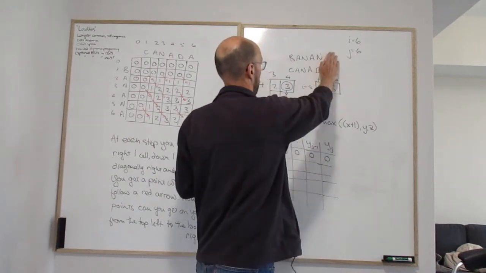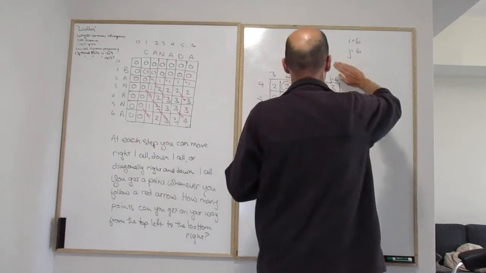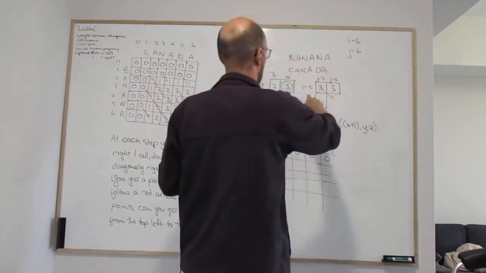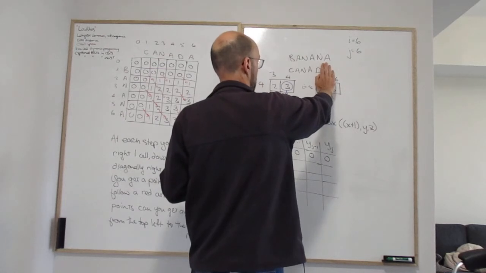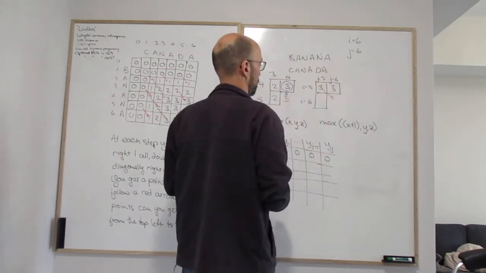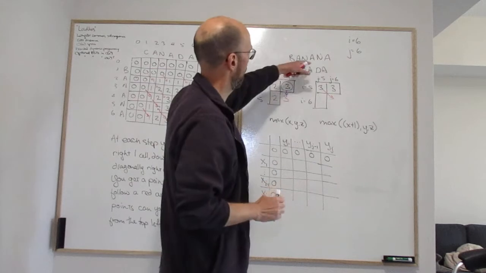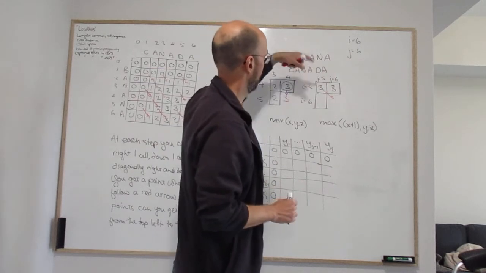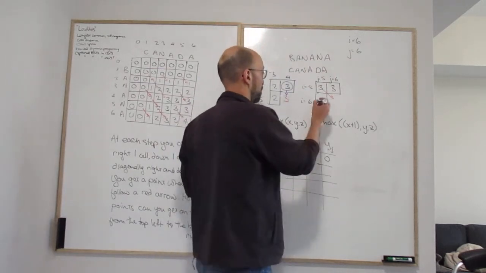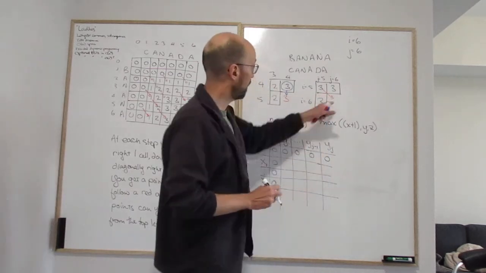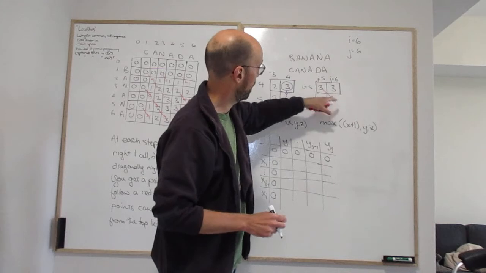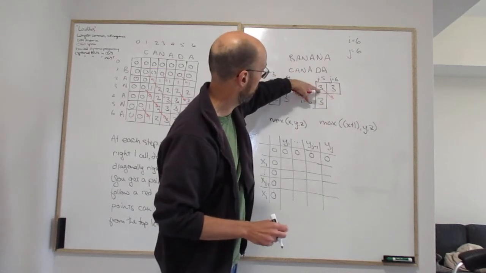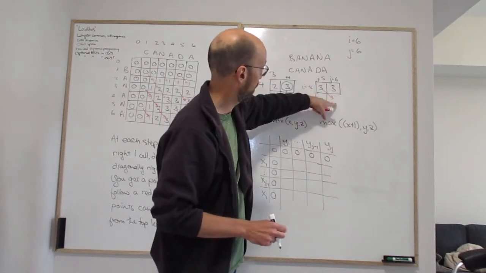And here we put the longest common subsequence of I is 6 and J is 5, banana and canard. Yeah. Okay, I may have said banan and canard when I meant banana and canard. Okay, so this is still 3. But then here, we take the max of this plus 1 and this, and we get 4.